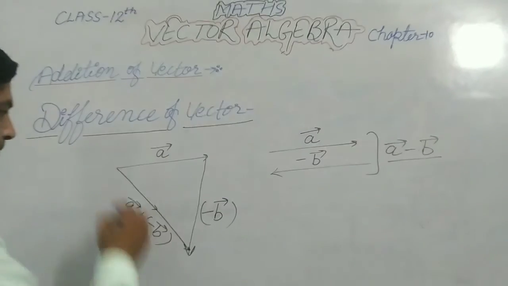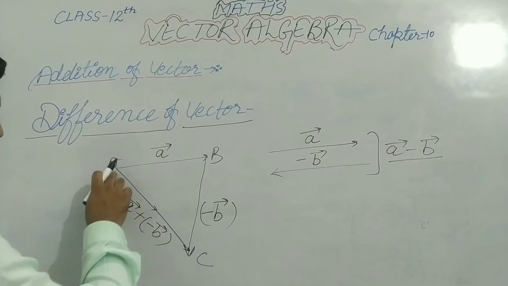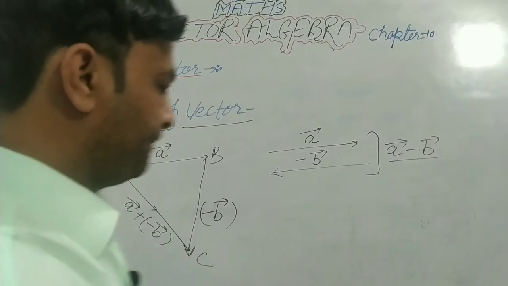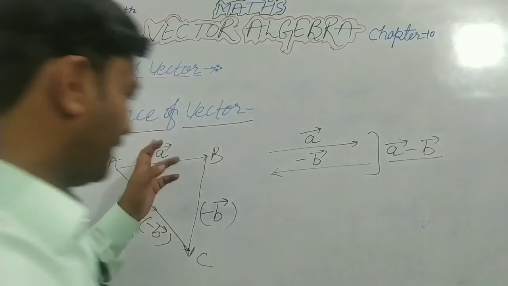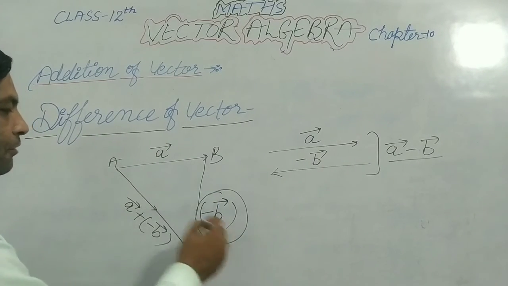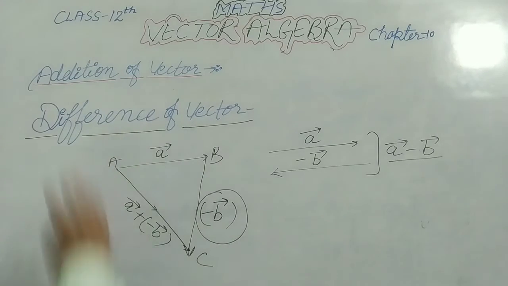So here if we take A B C, this AC is the resultant, or we can say the sum of these two vectors, but the direction of vector b is opposite to the direction of a. So it is the difference of vectors.